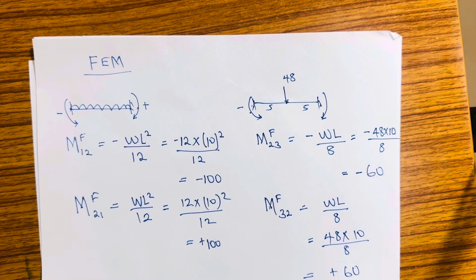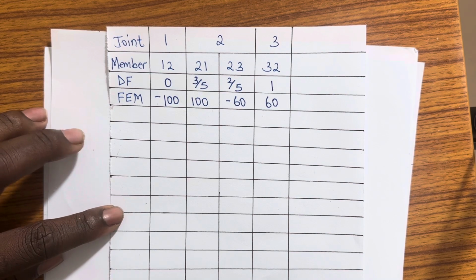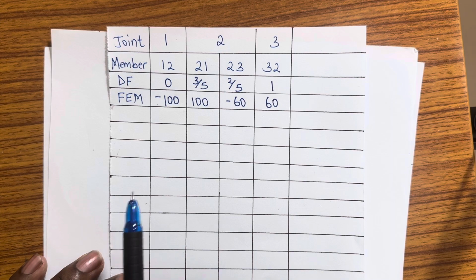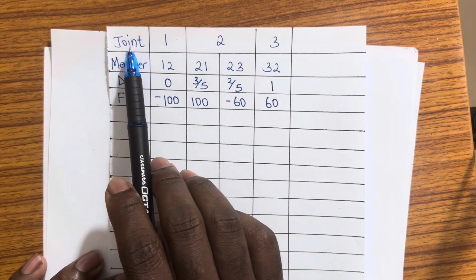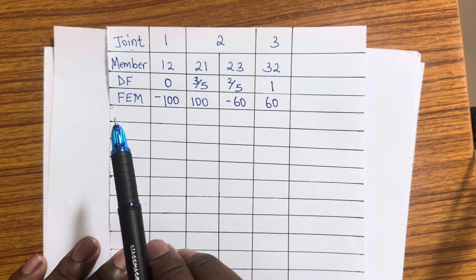Now I will take you to the most important part of this question, balancing it to get what the question wants, which is the moment in this beam. So you have to make a table like this, where the first thing you write is joint. We have joints 1, 2, 3 as numbered in the question.